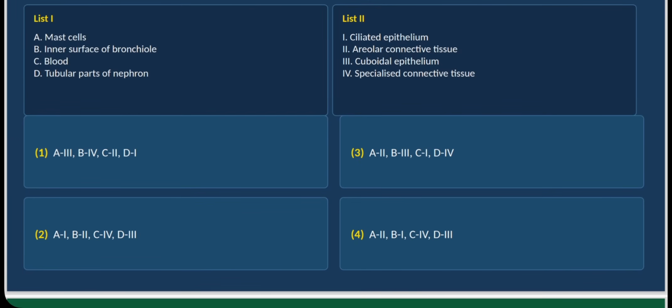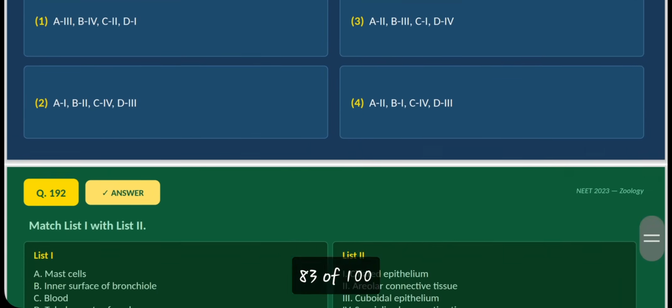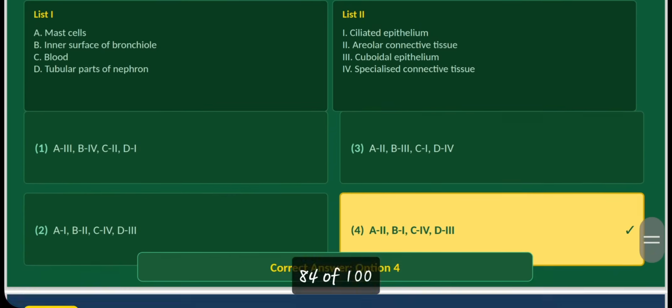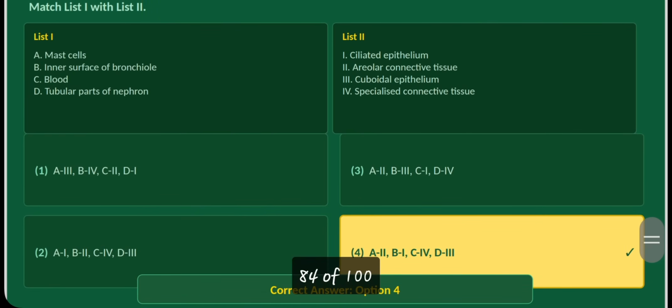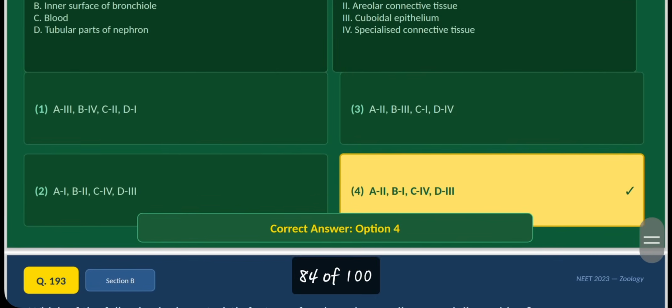Ciliated epithelium, C is 4, specialized connective tissue, tubular part of nephron, cuboidal epithelium. So fourth option is correct in this. Mast cells, areolar connective tissue, inner surface of bronchiole, ciliated epithelium, blood, specialized connective tissue, tubular parts of nephron, they are made up of cuboidal epithelium. So fourth option is correct.